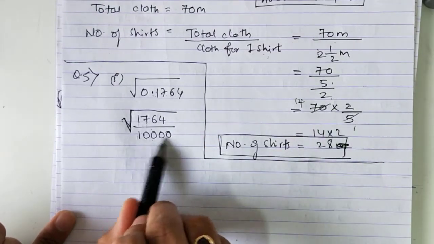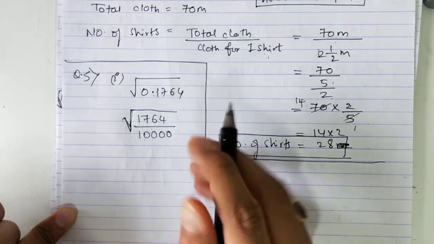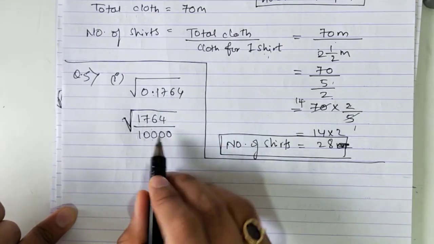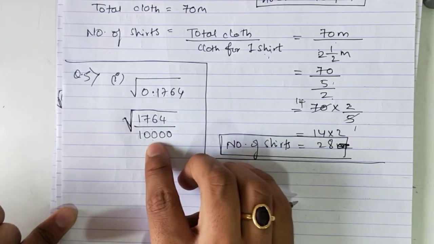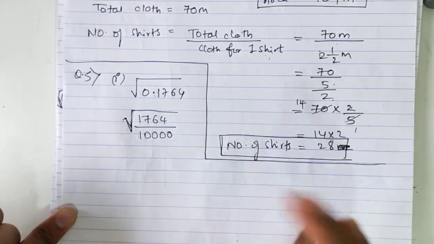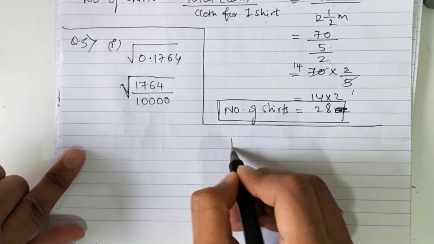There are 4 zeros, this is 10,000. So when you take square root, half the zeros will go away. Means if there are total 4 zeros, 2 will go away. What will remain? 100. So this is the square of 100. Okay, and 1764 I'll have to find.